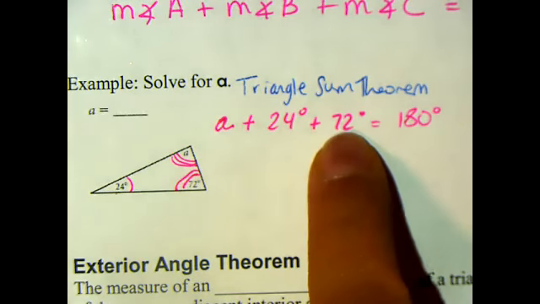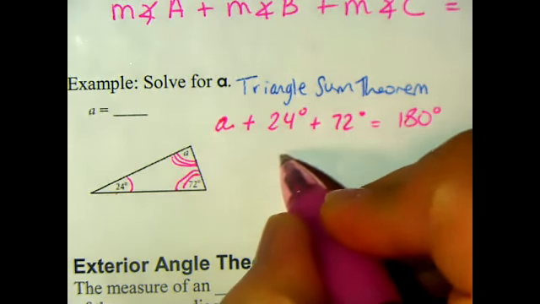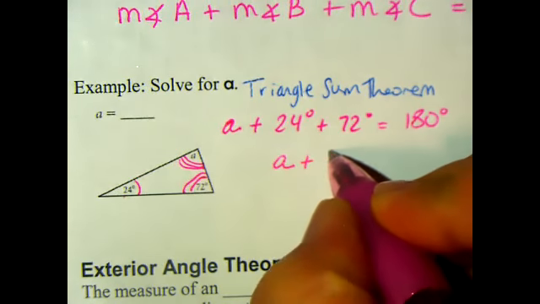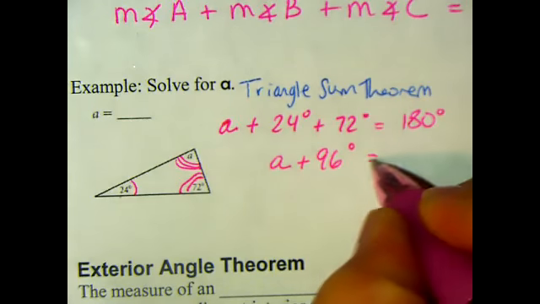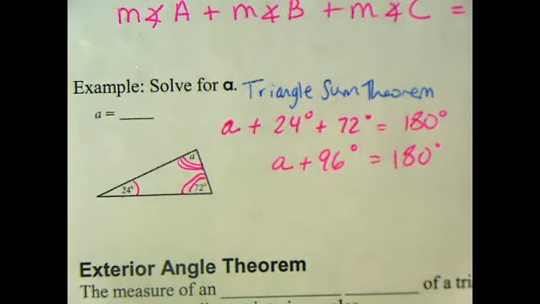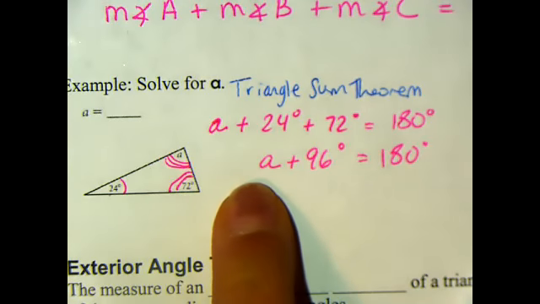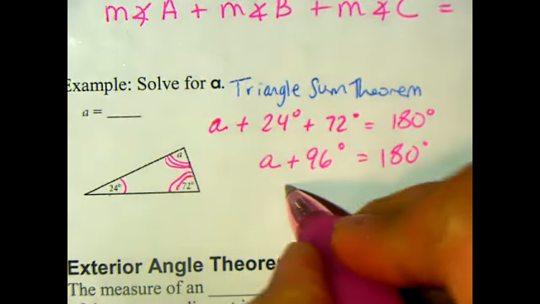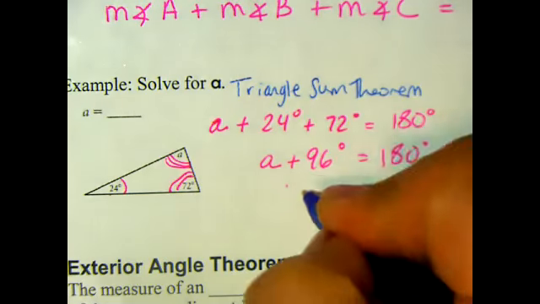I do 24 plus 72, which is 96. So this becomes A plus 96 degrees is equal to 180 degrees. And then I solve for A using algebra. So subtract 96 degrees from both sides. Let me switch colors here.